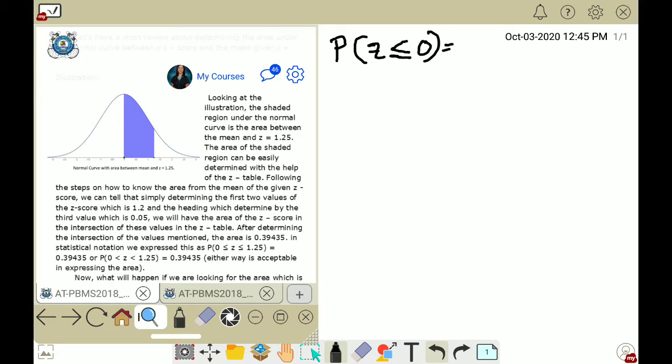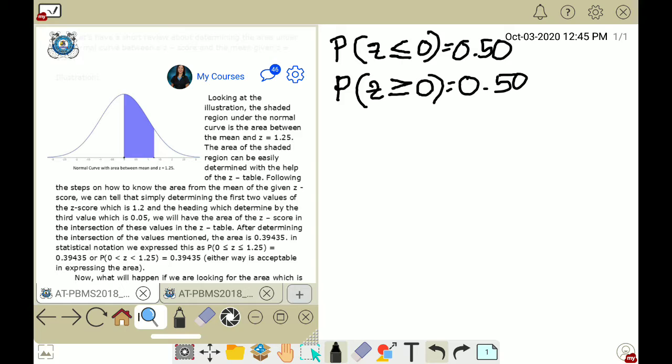Always take note of that: it is 0.5 or 0.50 or 50%. Based on symmetry, the area to the right of the mean, or to the right of 0, is also 0.50. This is always a given based on the property.